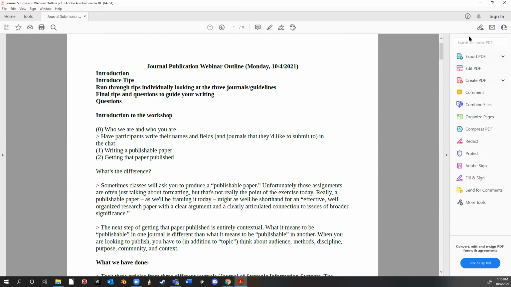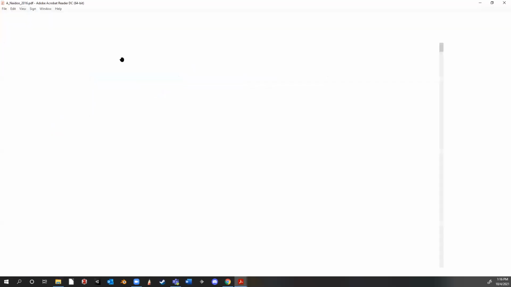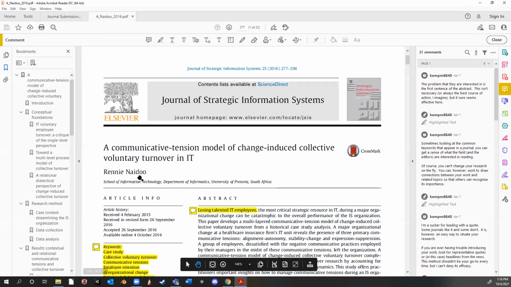I did this with an older Writing Center consultant, Michael Kemp, for anybody who is familiar with him. He and I worked this out a few years ago, and this is adapted from that, where we found 3 different journal articles from 3 different fields. We have this one from the Journal of Strategic Information Systems by Naidu, 2016.